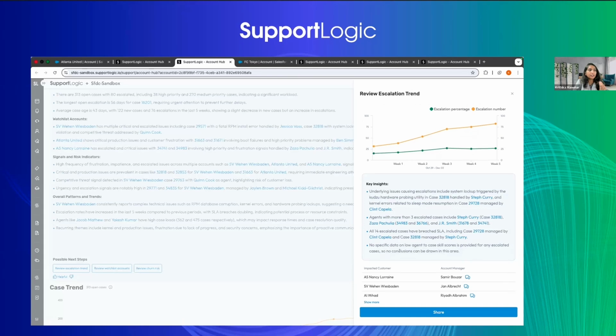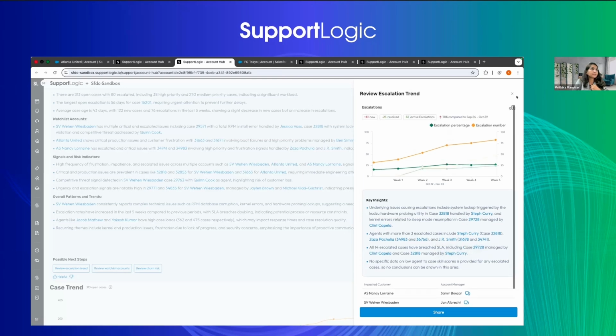I think in this particular case, it did not give me any product insight, but in some cases, it will also tell me if there's an escalation, whether it is tied to a certain product or a particular issue category. Now I can reach out to the corresponding account manager right from here so that I can take this conversation to the next level and see how this can be resolved.